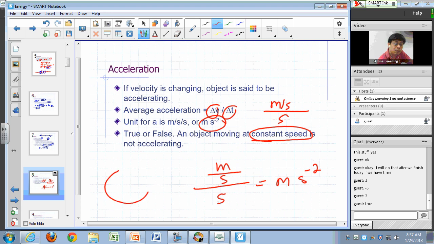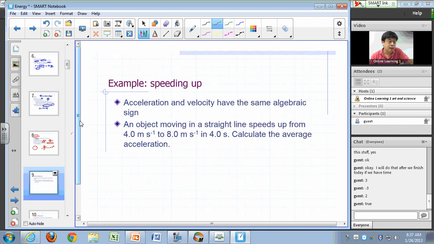For example, you could be going around in a circle. You're changing direction all the time, but you could be moving at constant speed there. You're still accelerating. So acceleration refers to a change in velocity, not just speed. If you're changing direction, you could still be accelerating, even if you're not changing your speed. So make sure you get that clarified.